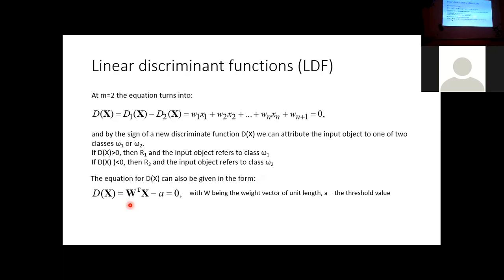As you remember, we need to multiply coefficient by feature, plus coefficient by feature, and so on. Let's suppose we have a table with rows. Remember your first project, for example: we have features in columns, like object 1, object 2.